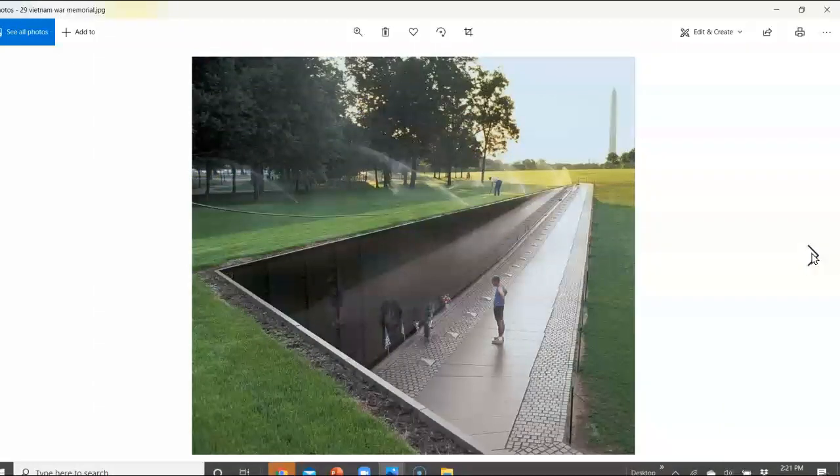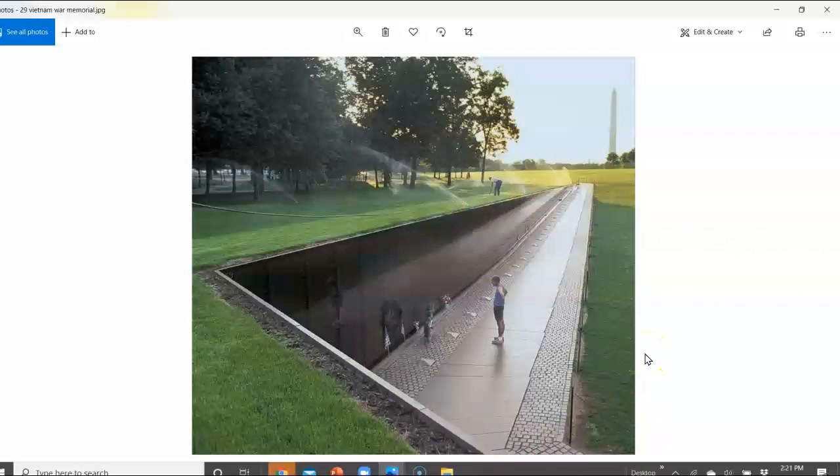And lastly, it brings me to maybe the most moving of these war memorials. It's this memorial to the Vietnam War by Maya Lin.